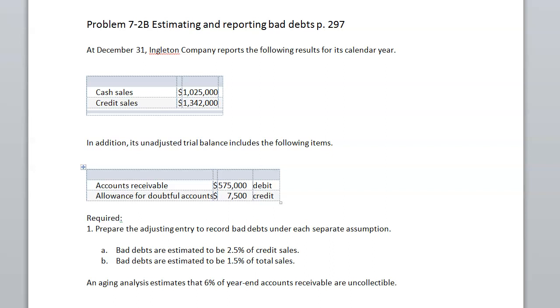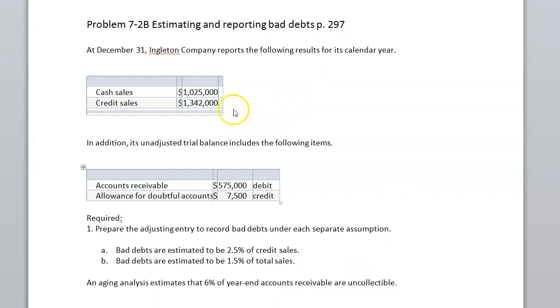One is going to be a percent of sales. The first ones we're going to look at, A and B, are using this method. These are the easiest to calculate. You're simply going to take the sales that it defines times the percent, and that's going to be your journal entry. So we're going to do these first two. Bad debts are estimated to be 2.5% of credit sales.